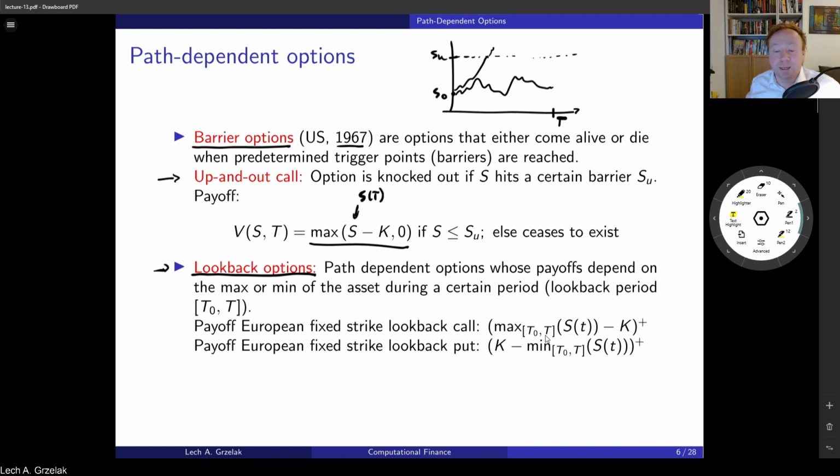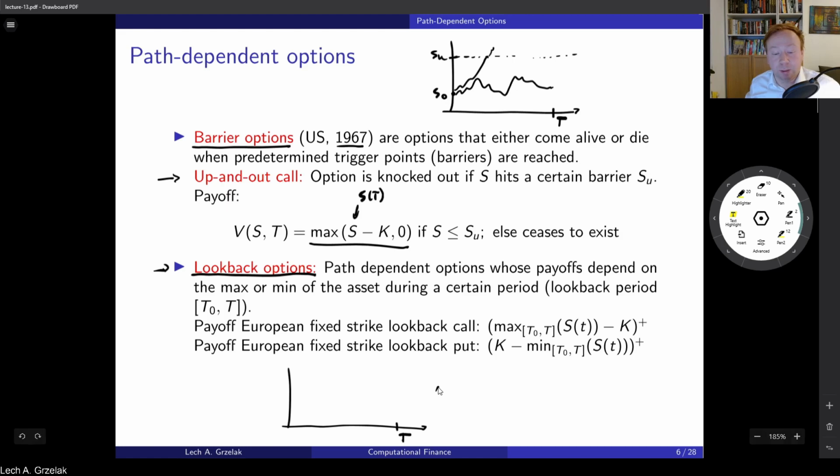We have a maximum of a stock over the whole lifetime, from time t0 to t, minus K, plus. So this plus means that we also have a maximum, right? So we have a payoff at the maturity.